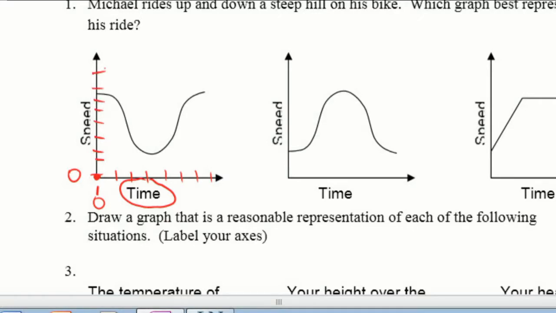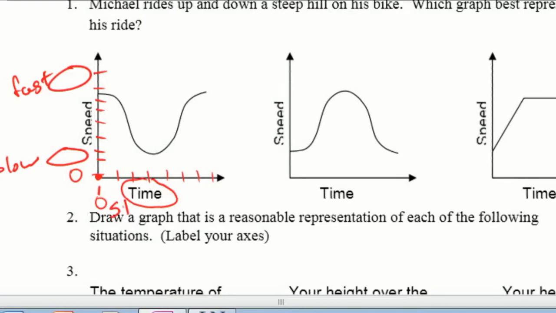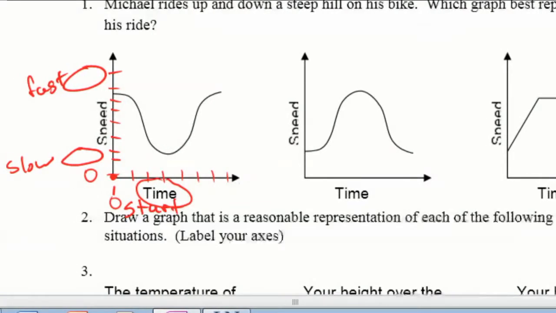So although there's no specific numbers on the chart, we know that something down here is going to be smaller than something up here. So if the speed was down here, it's slow, and up here it's going to be fast. Hopefully that makes sense. And then this is at the very beginning, this is the start time. And then over here we have the end time.